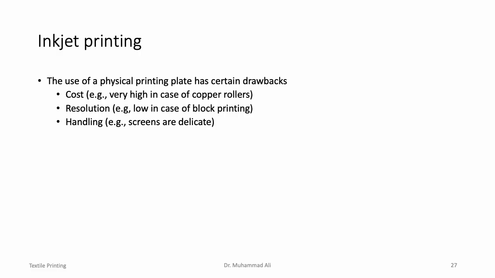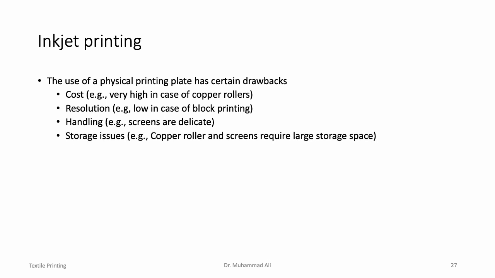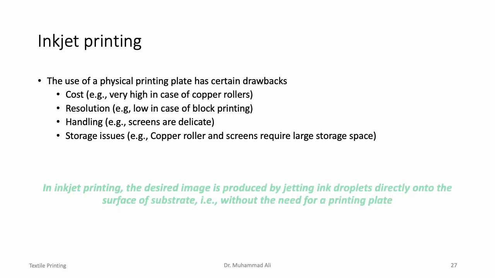So the screens that we have seen, the flat screens or the rotary screens, these are very delicate, and often in handling these screens are damaged, and so you have to incur some extra cost for that. And then storage issues. We discussed in roller printing that a printer usually would like to store these copper rollers or the blocks or the screens, so in case of repeat order, we don't have to produce them again. So of course, they need a large storage space in that sense.